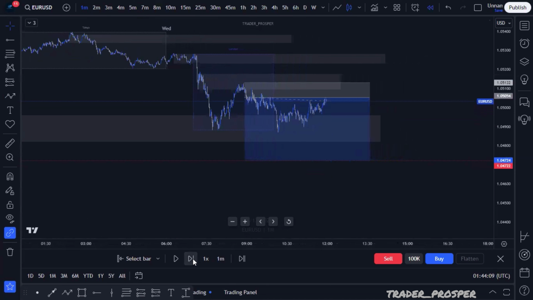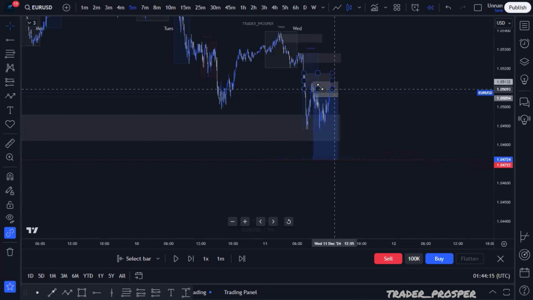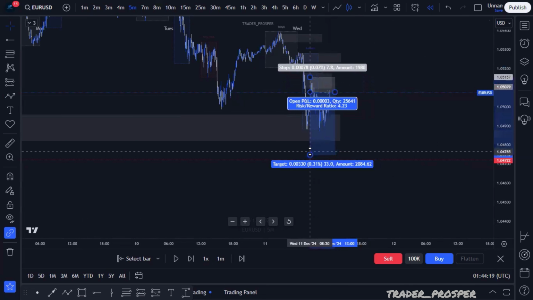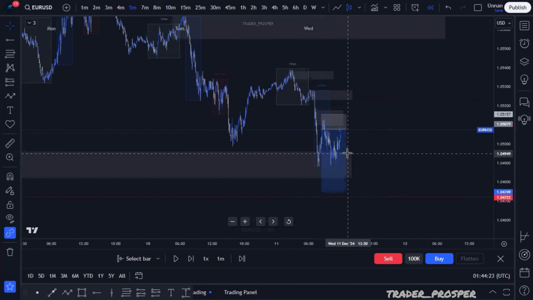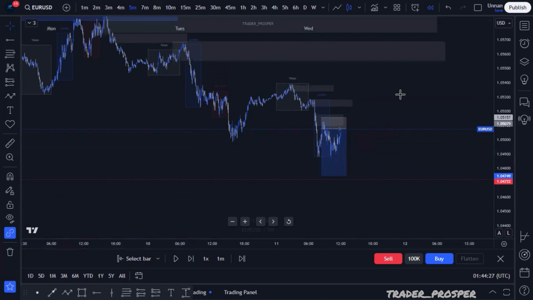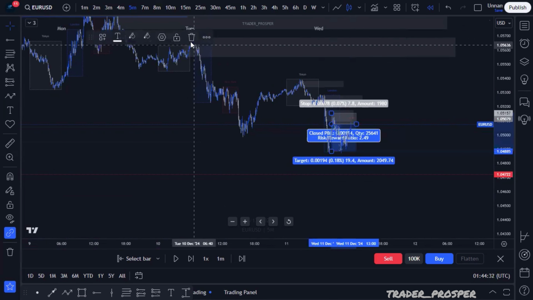Let's see what happens. Okay, price hit us out at that point. So we gain 50% of our account from this point. Sorry for that, let me take this one out. We gain 50% of our account from that point there.